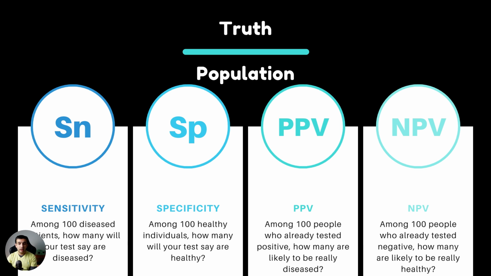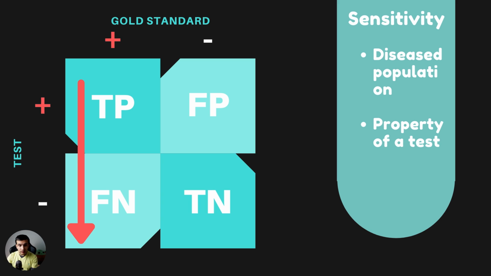So we'll talk about this in more detail, and it'll make more intuitive sense. But let me try and hammer down the concept that all of this can be calculated by truth by population. So sensitivity is about the diseased population. So truth by population, the population is the diseased population. And you can see here, the population is what this arrow shows: true positive and false negative, because the gold standard shows these are the diseased population.